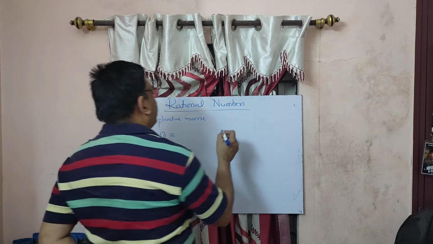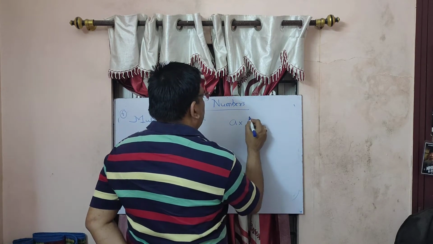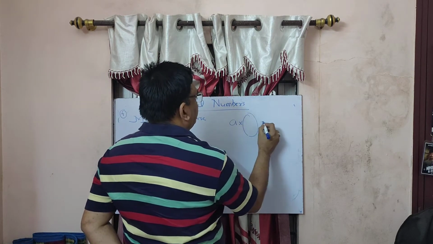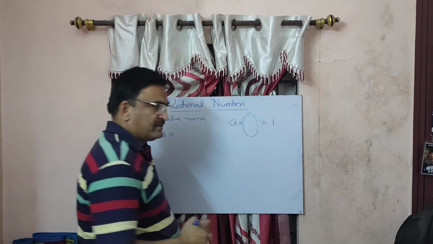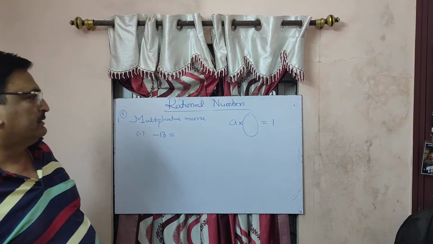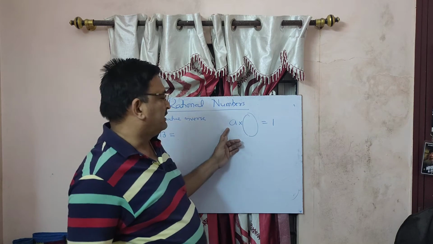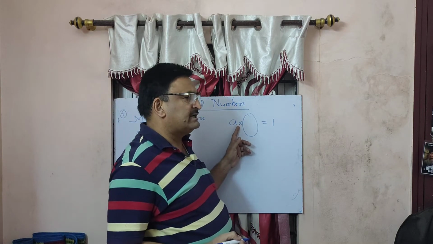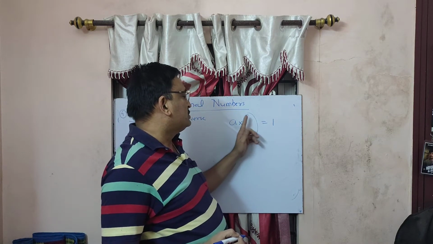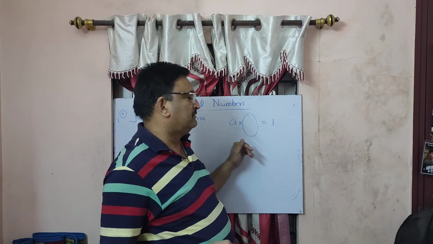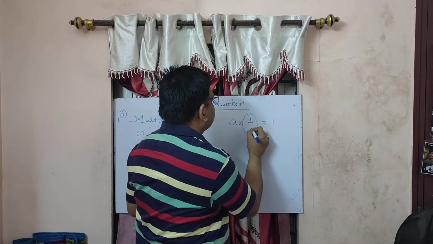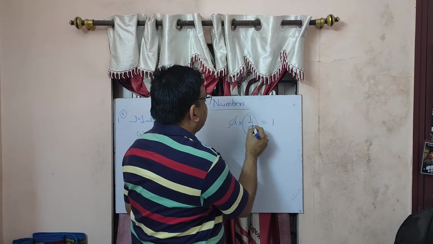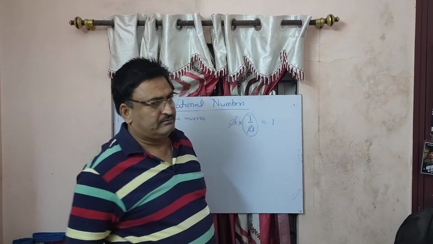For example, if the number is A, what should be multiplied with A so that you get 1? You can easily say 1 upon A. So A gets cancelled, remaining is 1.